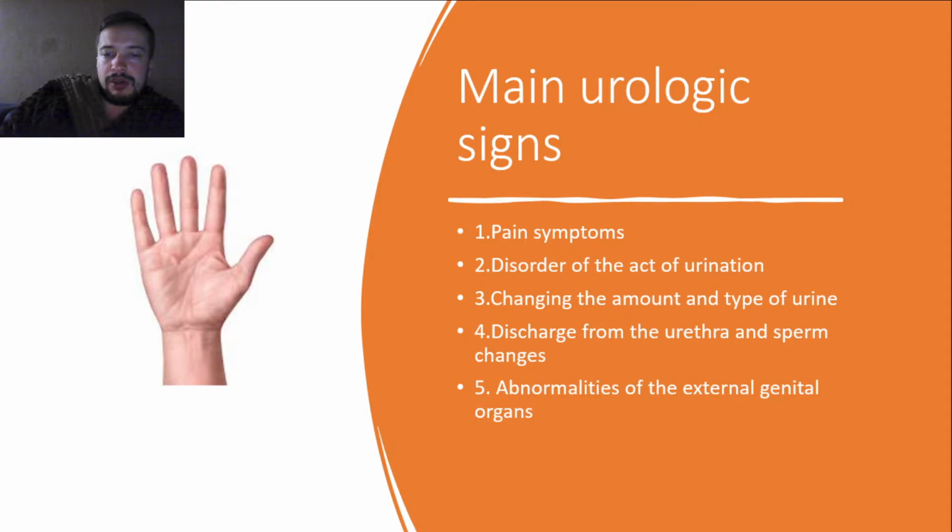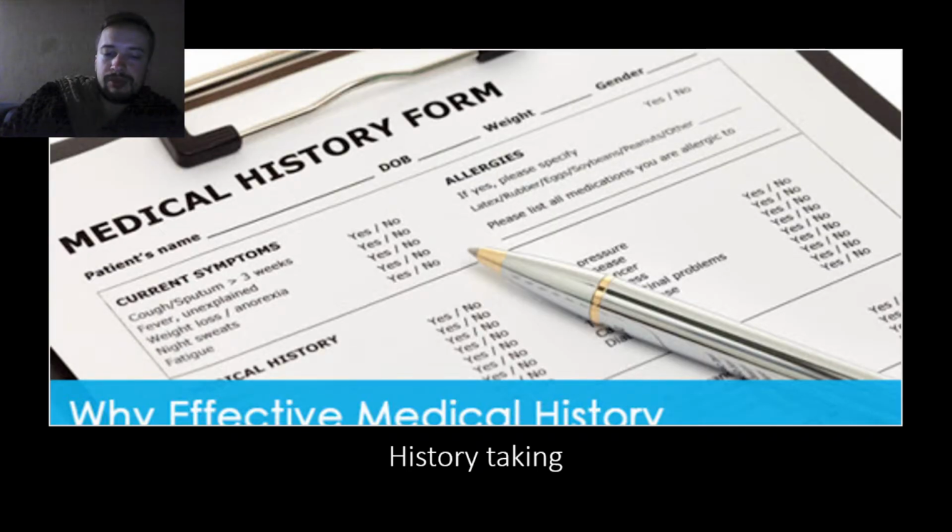There you see main urologic signs, and some of these signs we talked about in an early lecture when we started talking about urology. Flank pain, colicky pain, radiation to the groin or genitals is most commonly seen in urolithiasis.